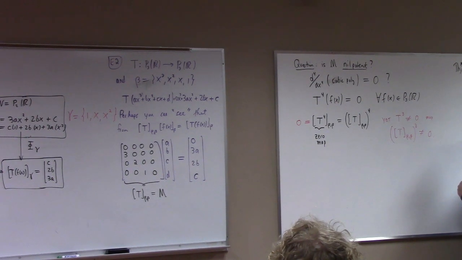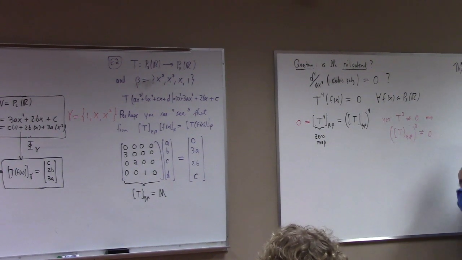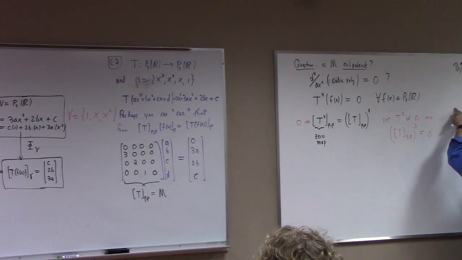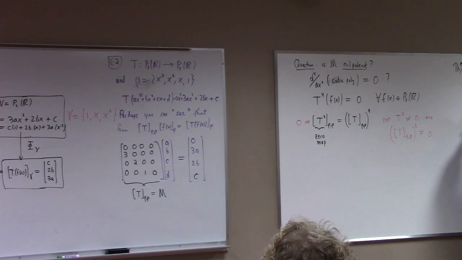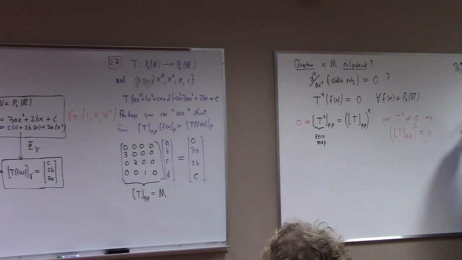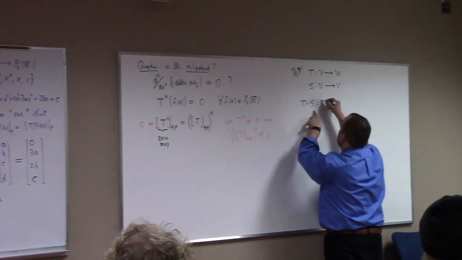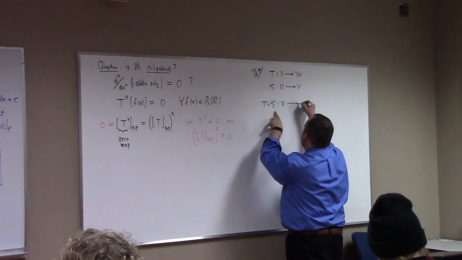Oh no, it would be the other way around. T composed with S would make sense, because S goes from U to V, and then T goes from V to W. So T composed with S would make sense with my given setup. This would be a mapping from U all the way over to W, right?